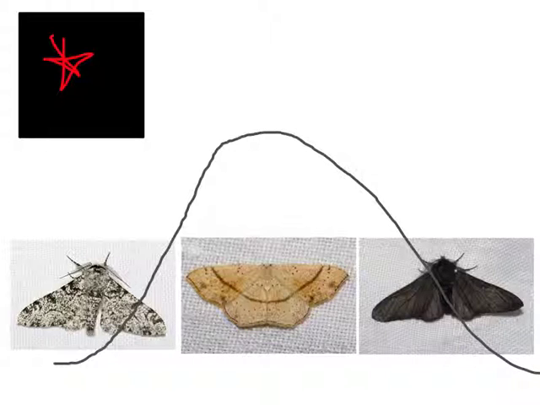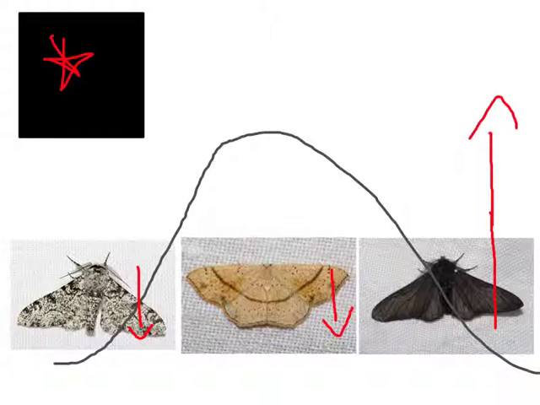Obviously what's going to happen here is the numbers of the white moths are going to go down, right? The numbers of the brown moths are going to go down because neither of these is camouflaged against the black background, but our black moth population is going to actually rise as a result, because now the black moths are camouflaged.